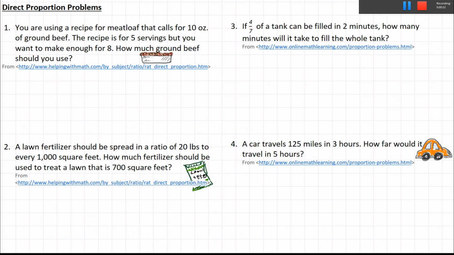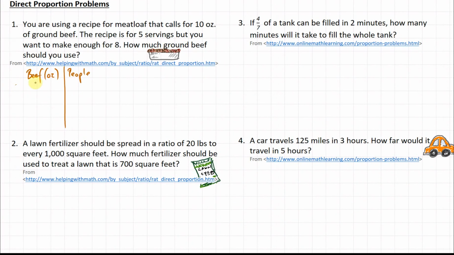So our two variables are amount of beef, so the weight of beef in ounces, and the number of people, or the number of servings. So what do we know? We know that if we've got 10 ounces, this will feed 5 people.